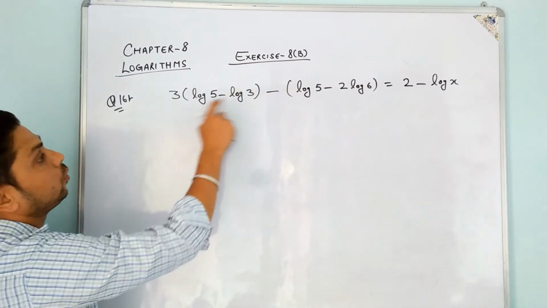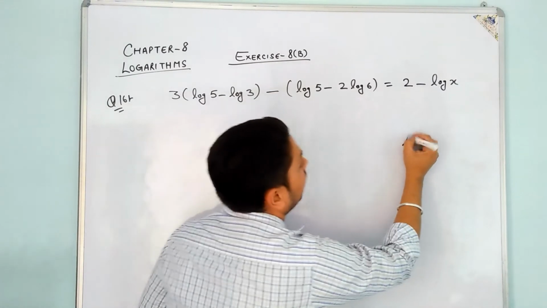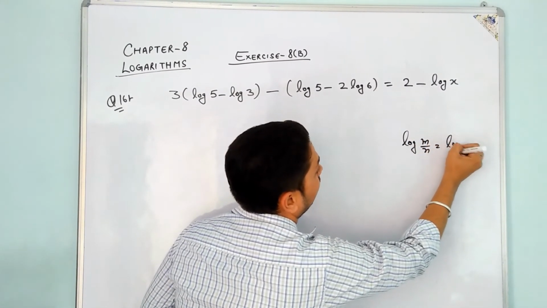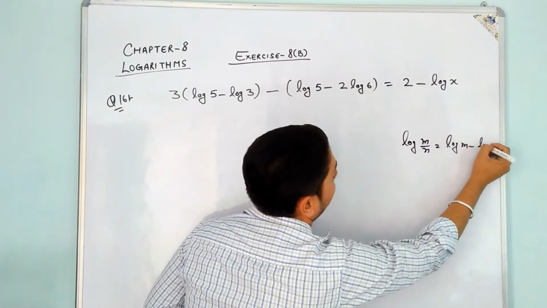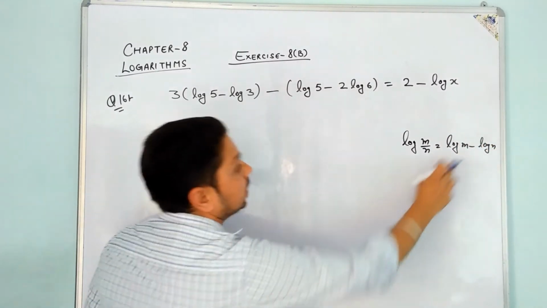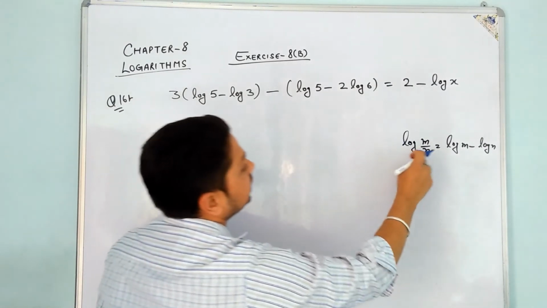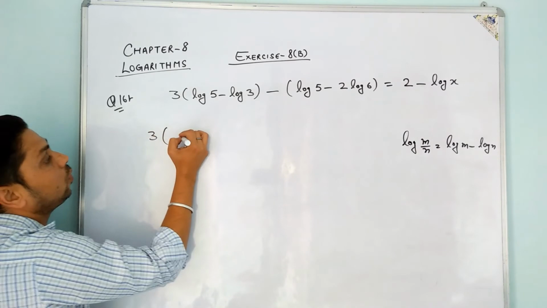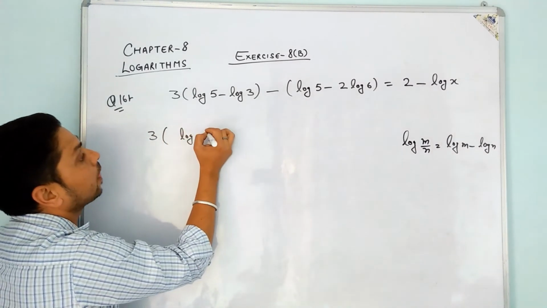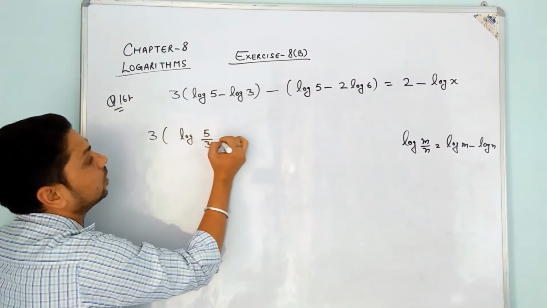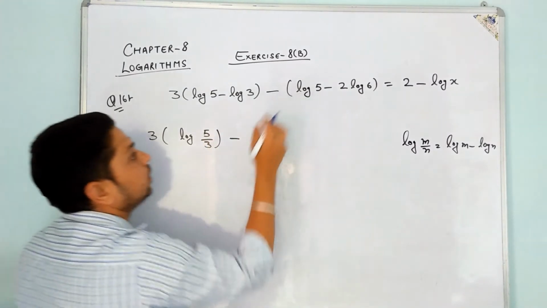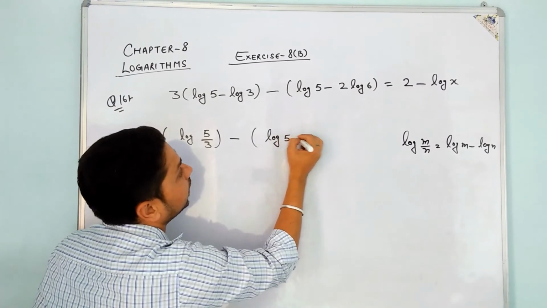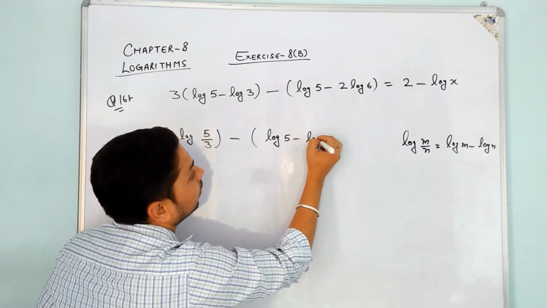Now, if you look at here, we have formula log of m upon n is equal to log of m minus log of n. This is given. We will convert this into the log of m over n. Here we have 3 into log of 5 over 3. Minus, similarly, this will give you log of 5 minus log of 6 square.